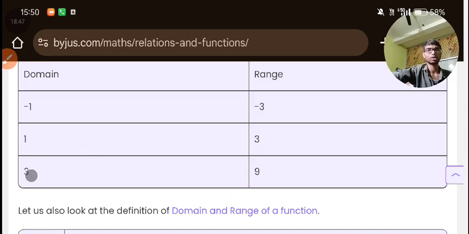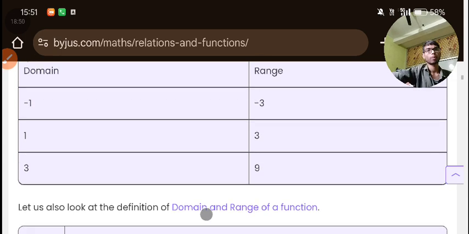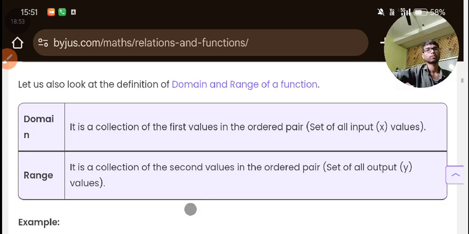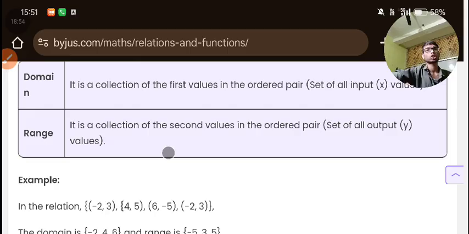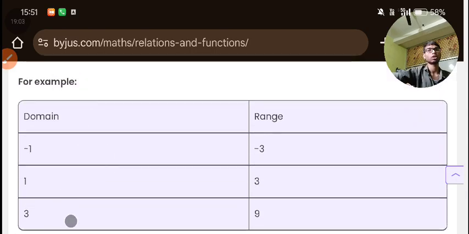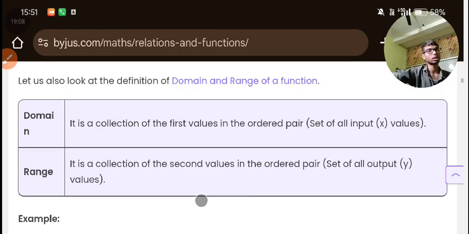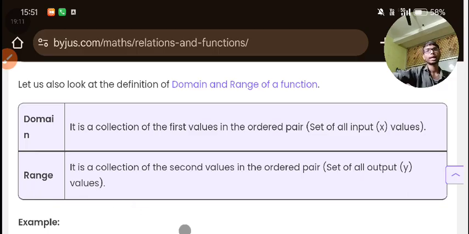All these first values would be the domain and all these second values would be the range. Range is the collection of the second values in the ordered pairs, the set of all outputs. So you can consider this all input and this all output. This is x and this is y. Okay, we have understood domain and range.